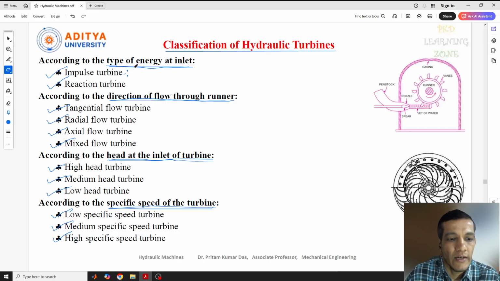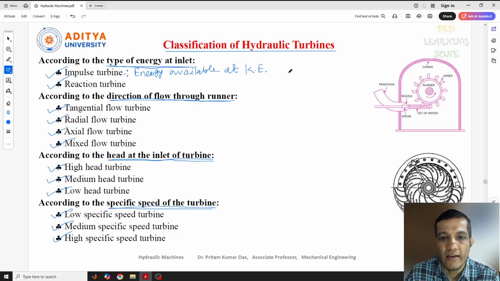So let me tell you first, at the inlet of the turbine, the energy which is available is only kinetic energy. Okay, then that kind of turbine is known as impulse turbine. So the energy available at the inlet should be kinetic energy.